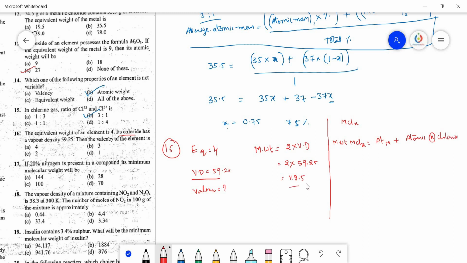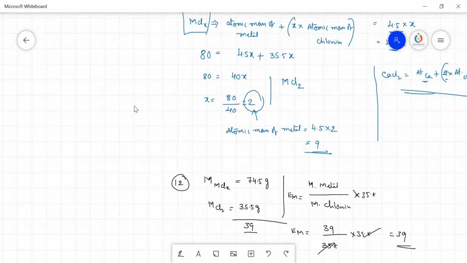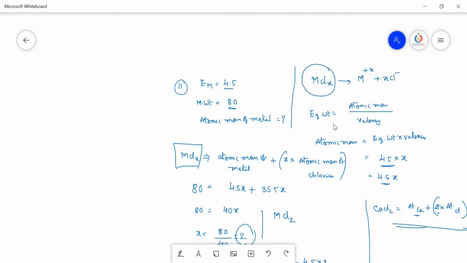So 118.5 equals atomic mass of the metal, which we don't know, but it can be calculated using the equivalent weight formula that we have solved already. Equivalent weight equals atomic mass by valency, and atomic mass equals equivalent weight into valency.